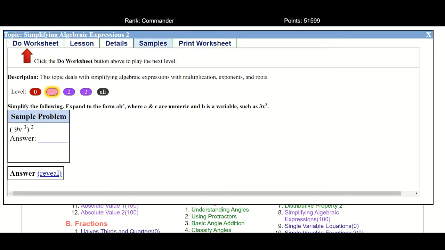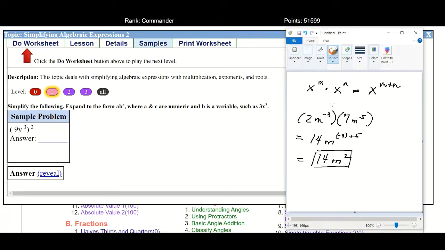So, ito naman. So, kung kanina, product rule, ulitin natin. Product rule, kapag ang exponents mo ay may parehas na base, you copy the base and add the exponents.